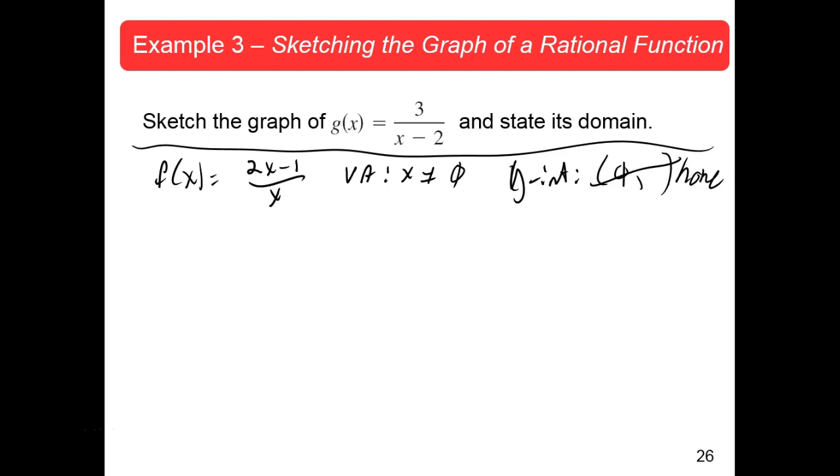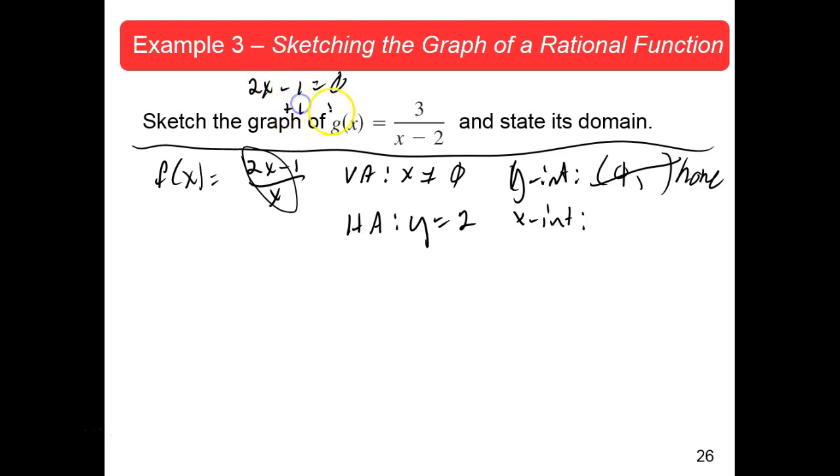Horizontal asymptote, what would that be? Horizontal, 2. Y is equal to 2, the ratio of leading terms. One thing we're still missing is the x-intercept, and what's true about that? That's where your numerator is equal to 0, because the only way y can be 0 is if the numerator is 0. So 2x minus 1 equals 0.